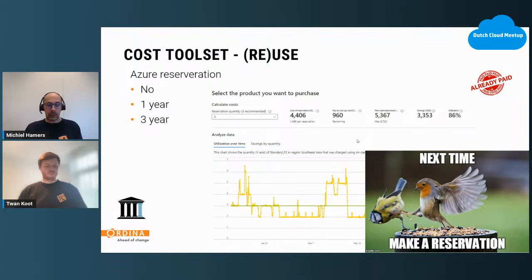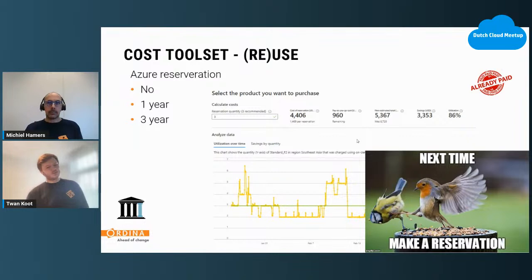beneficial finance parts. Yeah. So for reservations, again, Michiel mentioned 3 years it's a bit tricky. We wouldn't recommend going for 3 years for every feature that you use. But let's say you have an old school application which is up and running, and we keep it for another 5 years. You can of course use a 3-year reservation, because that saves like 61%, I believe, on the default.